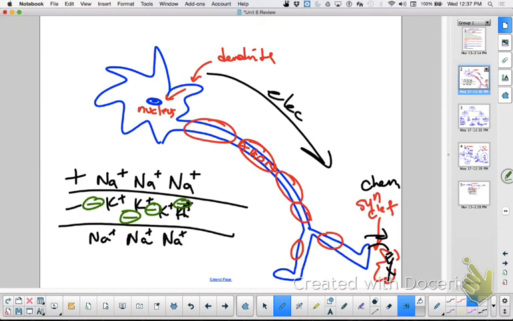Remember that? So what process sets up the resting potential, where it's positive on the outside and negative on the inside? Sodium potassium pump sets up the resting potential. It puts 3 sodiums out for every 2 potassiums inside, right?